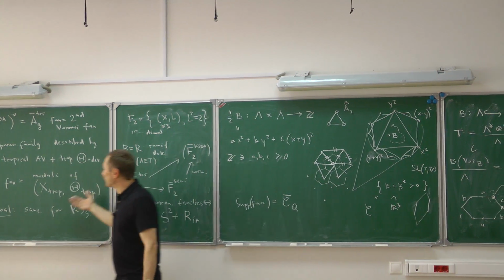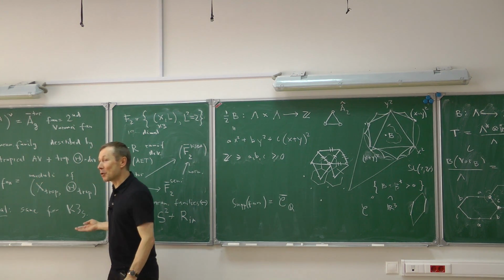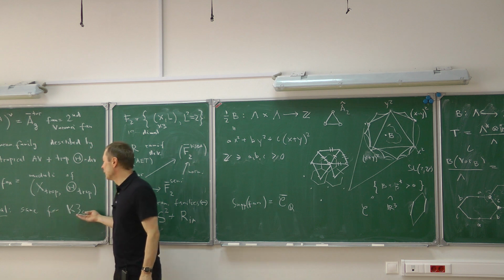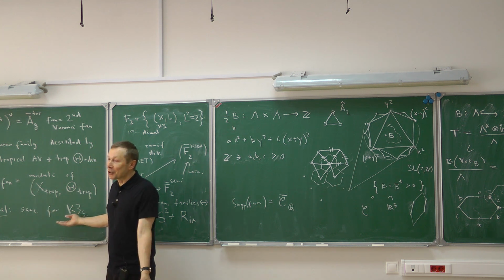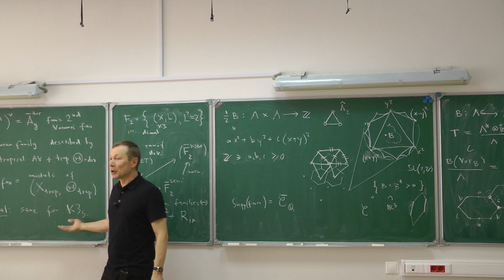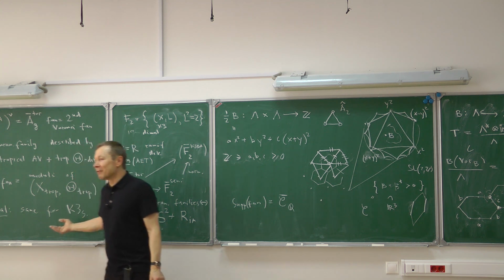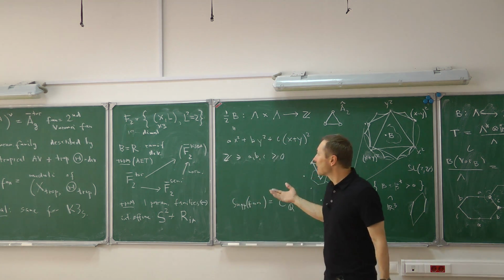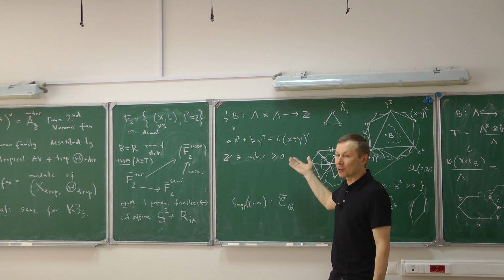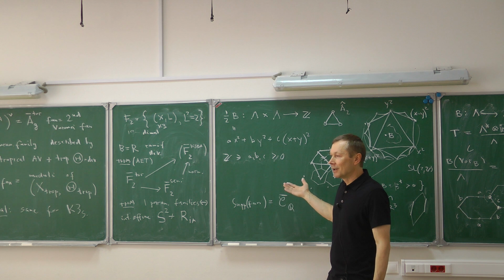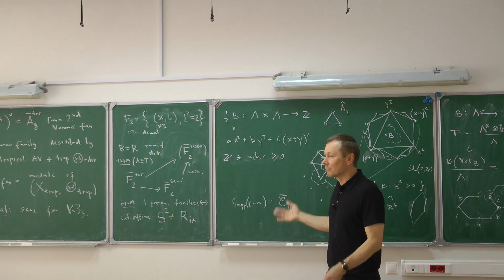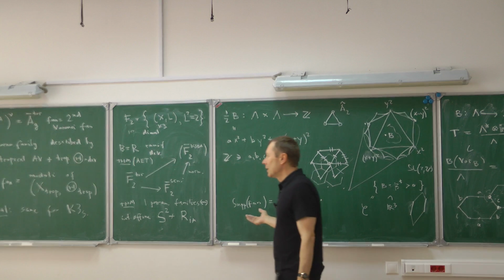So what are the hard problems that one is faced with here? Degenerations of K3s are not toroidal, not toric. For abelian varieties, the period map is extremely simple. It's just C^g modulo Z^g. The period is this matrix. It's just linear algebra.